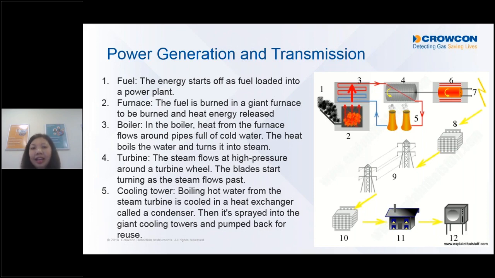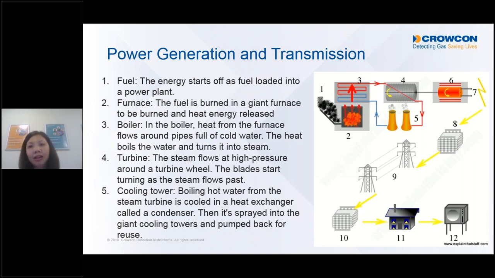As it burns, it generates heat. The heat will boil the water in the boiler to generate steam. Then the steam flows to a turbine at high pressure, and it turns the turbine. As the turbine turns, the kinetic energy is converted to electricity in a generator.